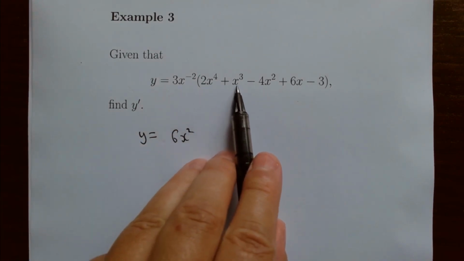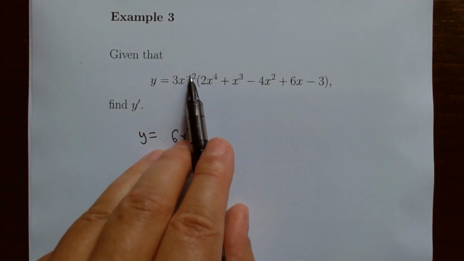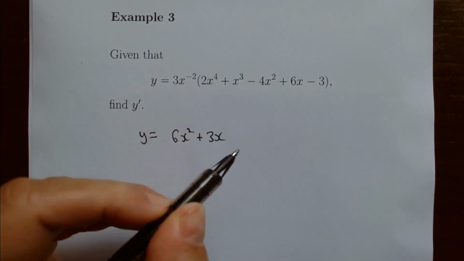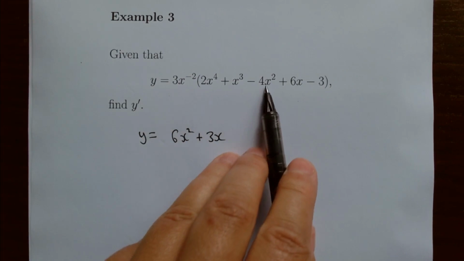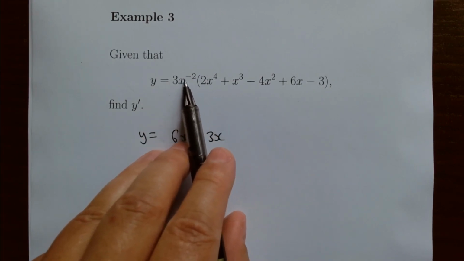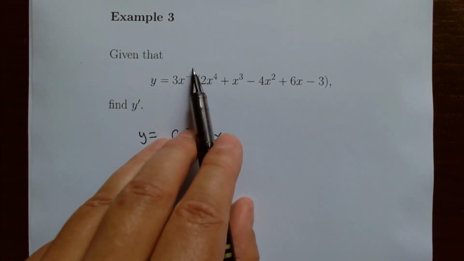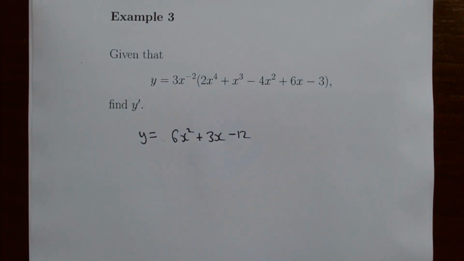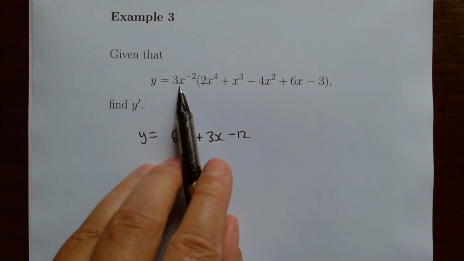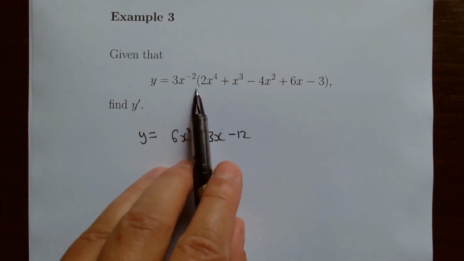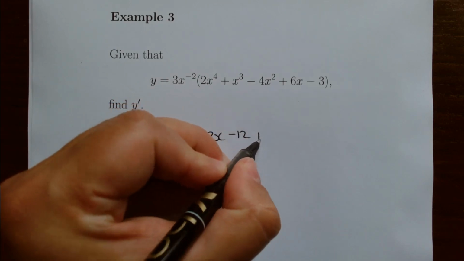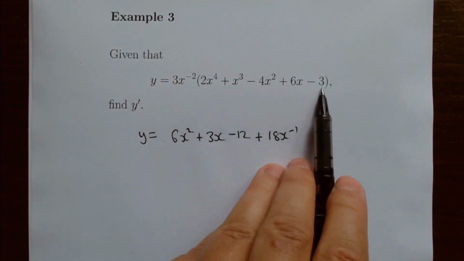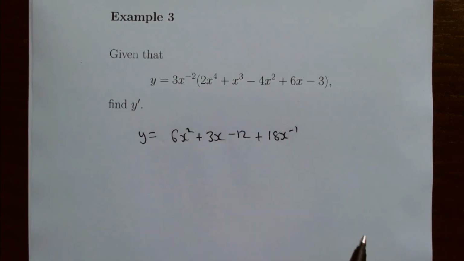Here we get 3x, because you have 3 minus 2 is a 1, so that's 3x. Here we have negative 12. The x to the minus 2 and the x squared cancel, so we're just left with a negative 12. Here we have 18x to the minus 1. And here we have minus 9x to the minus 2.